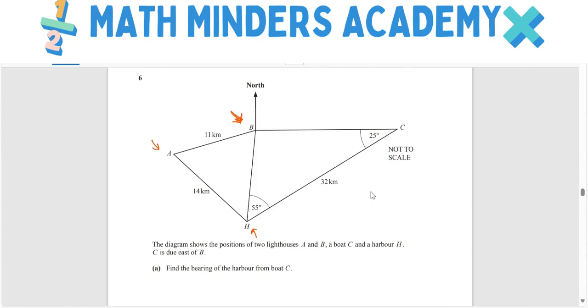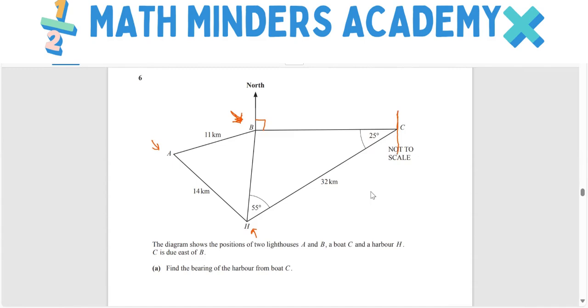We are told that C is due east of B, meaning that there is 90 degrees here, since C is due east of B. So we want to find the bearing of the harbor from boat C. I want to put a line here.